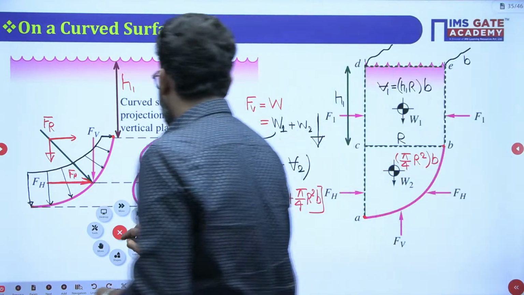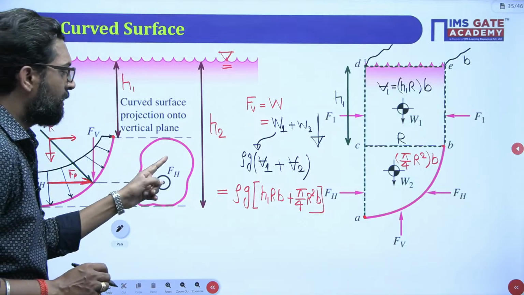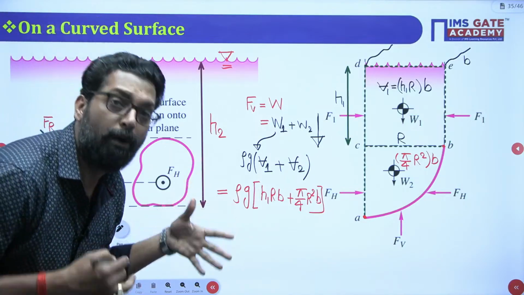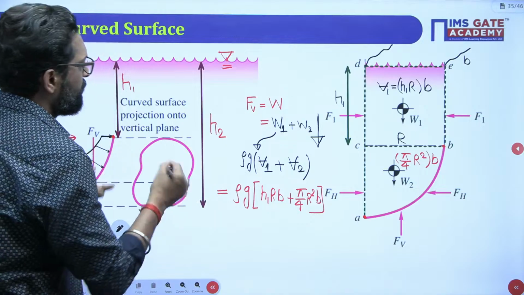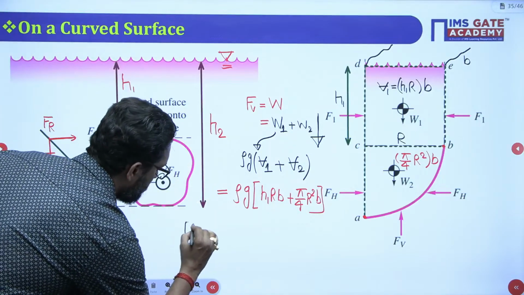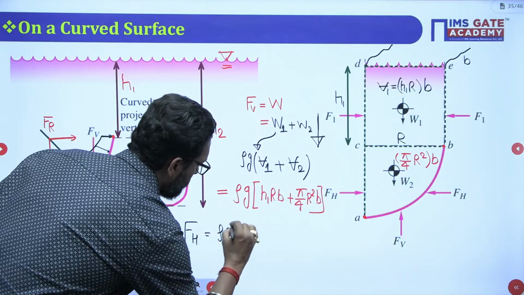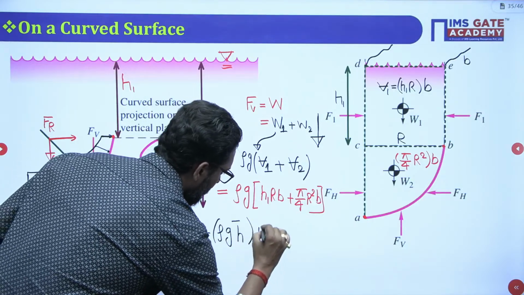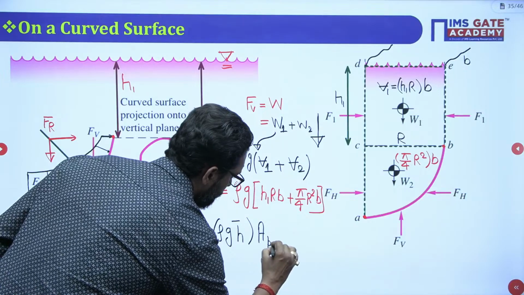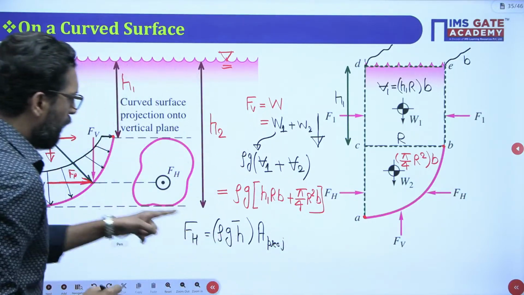And what is the horizontal force? You take the projection, and the horizontal force you can calculate by two methods. First is the formula method. Horizontal force is equal to rho g h bar into projected area. Rho g you have. What is the h bar?